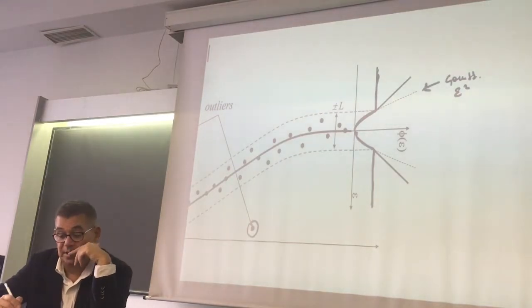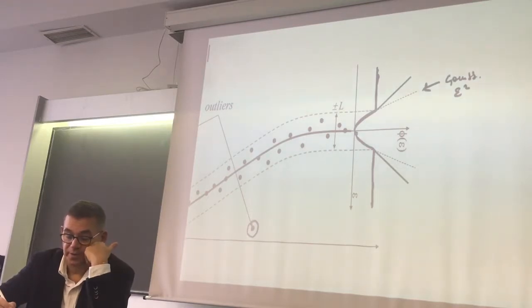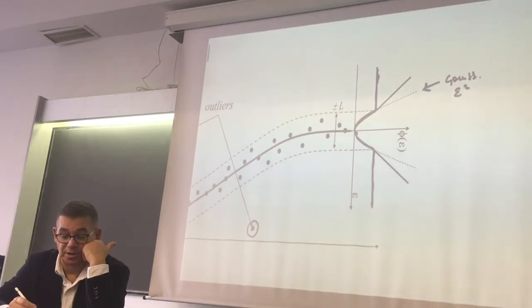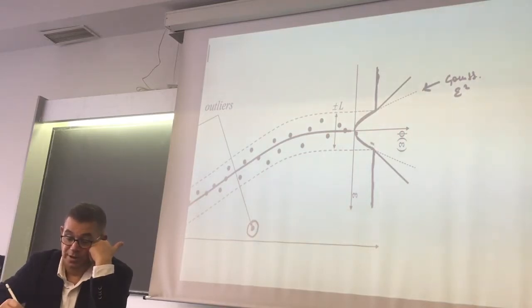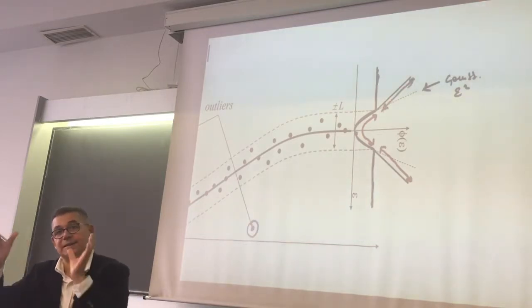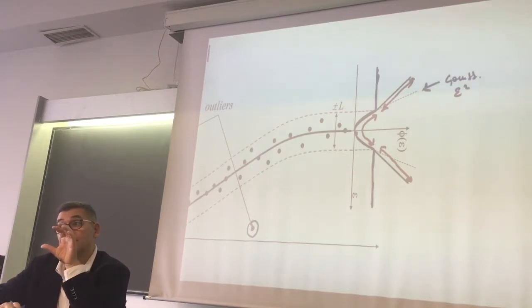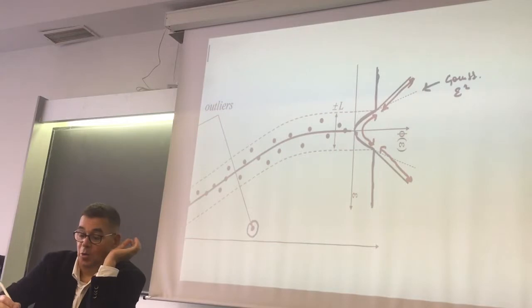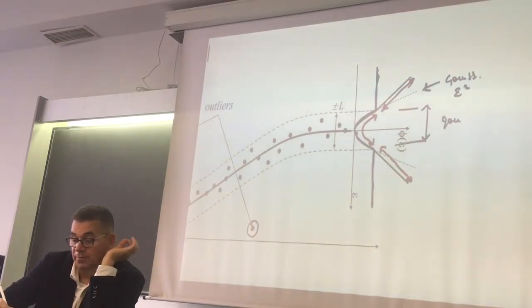The third possibility is that my penalty is a mixture. It is quadratic up to a certain interval, and then it's linear after the interval. What does it mean? It means that my penalty is quadratic when the error is very small, which means within this interval I'm using the Gaussian model.